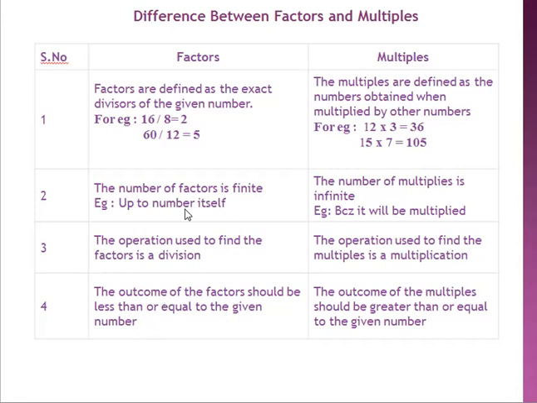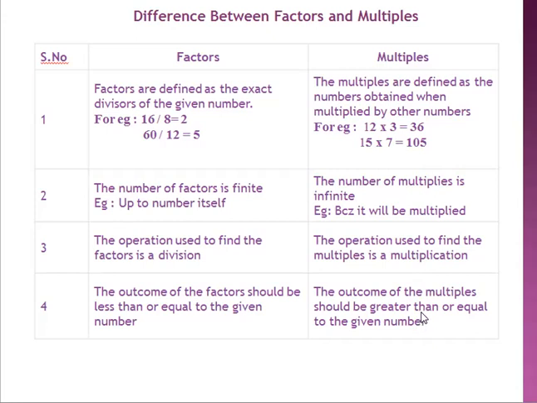For example, if 16 is the number, the factor will be less than or equal to 16. The outcome of the multiples should always be greater than or equal to the given number.